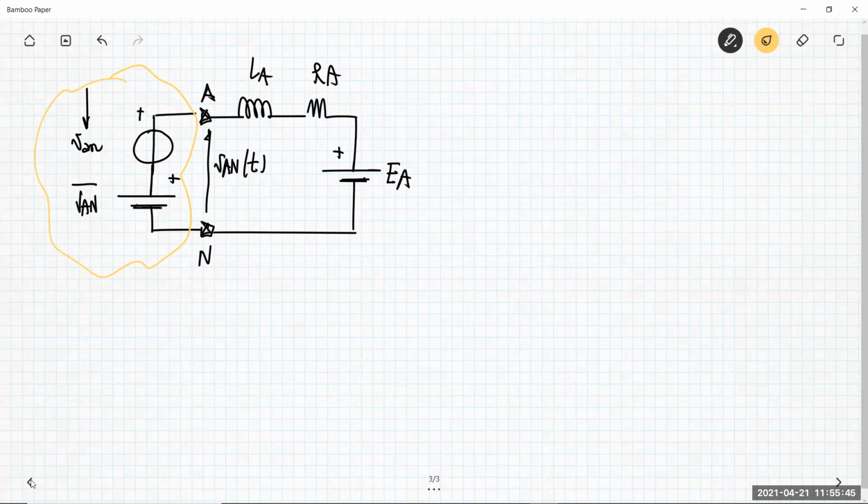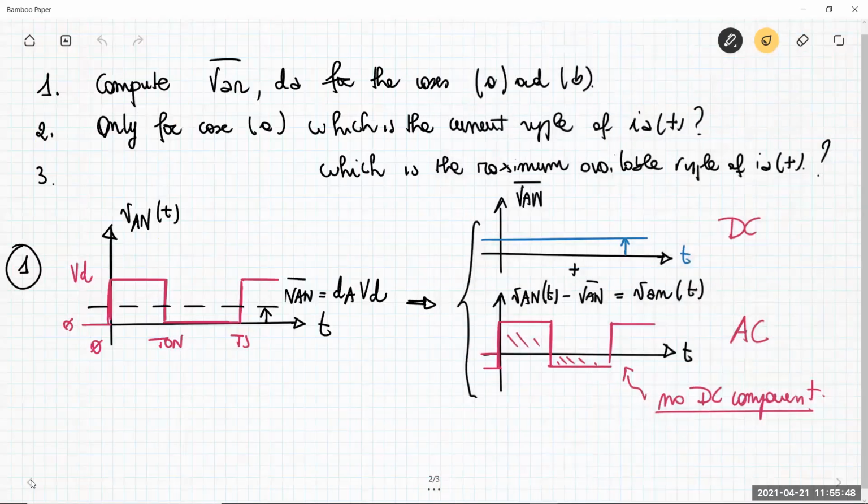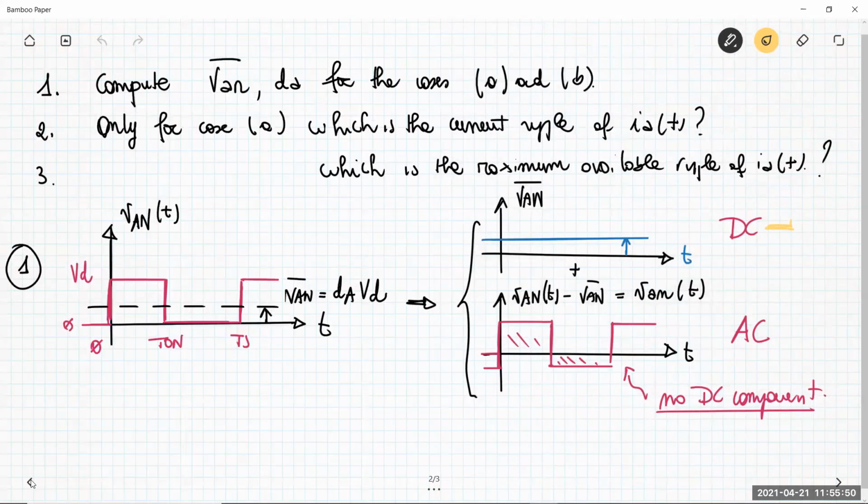So we can use the DC average value for computing DC quantities in our circuits, meaning to compute average quantities, while the AC part can be employed for computing just the AC electrical quantities, for example, the ripple.